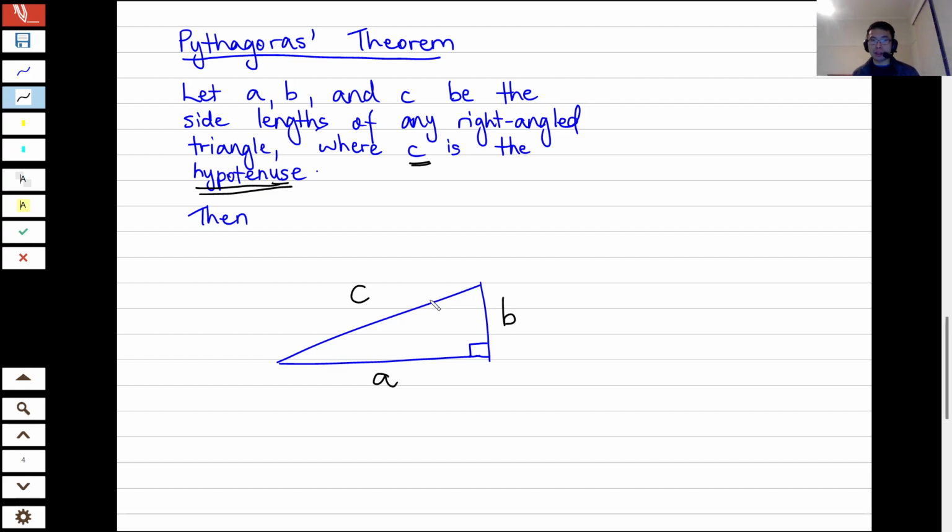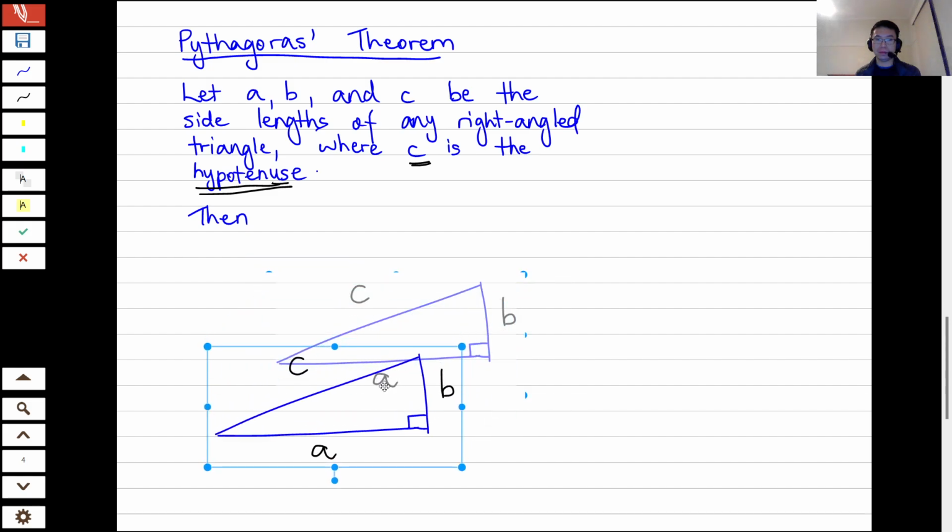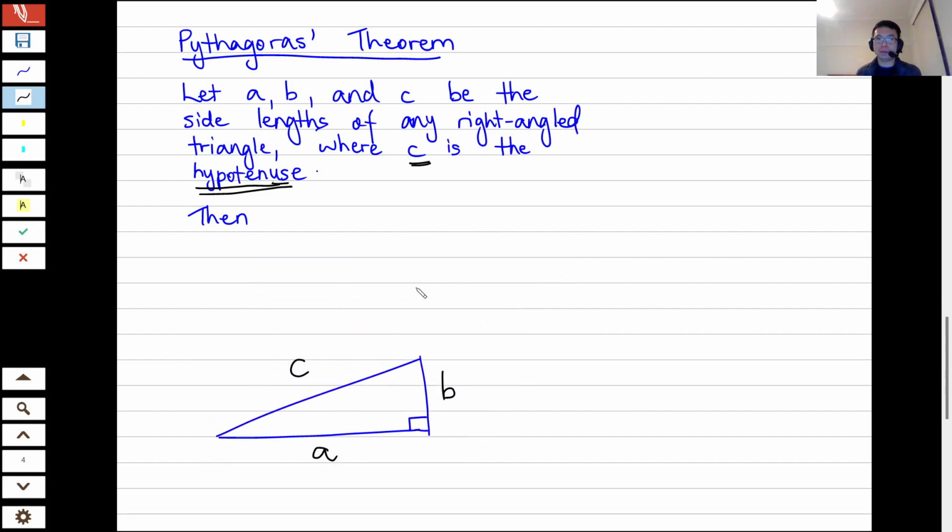If I label my triangle like this, A for this length here, B for this length, and C for this length, we can write down an equation. Here's the equation: A squared plus B squared equals C squared.